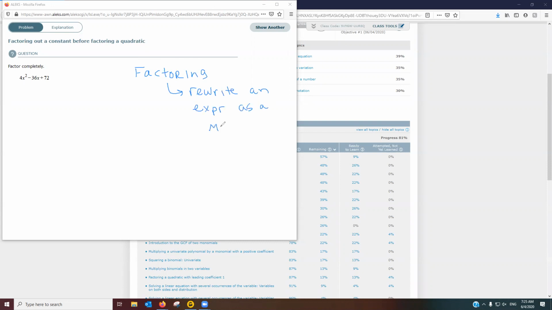We'll give you a simple example involving numbers. What if I asked you to factor the number 15? Well, that's just asking you to rewrite 15 as a multiplication. I could write it as 3 times 5. So this idea of taking an expression and rewriting it as a multiplication is what we mean when we say factor.